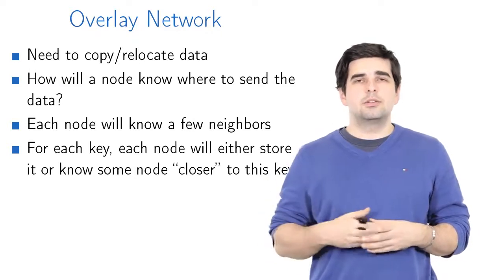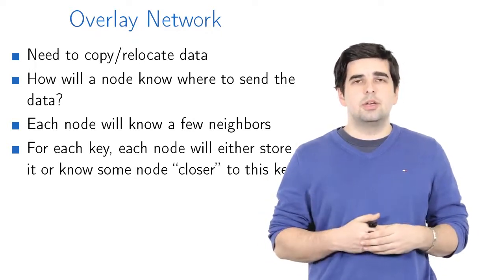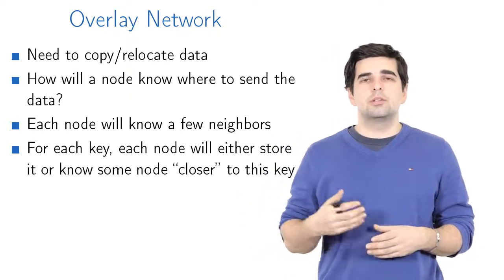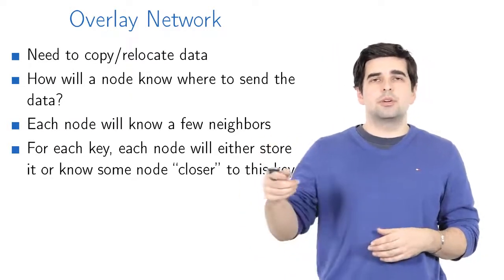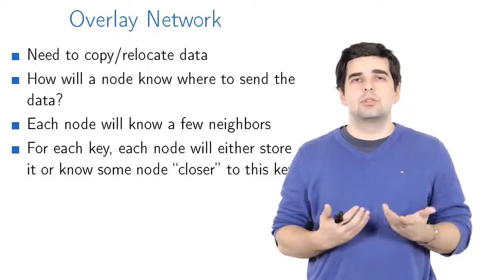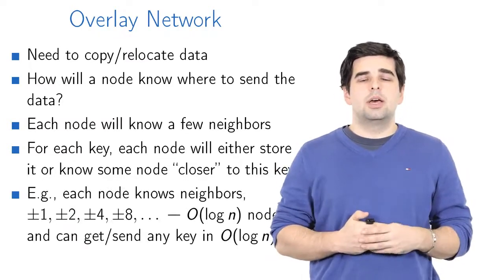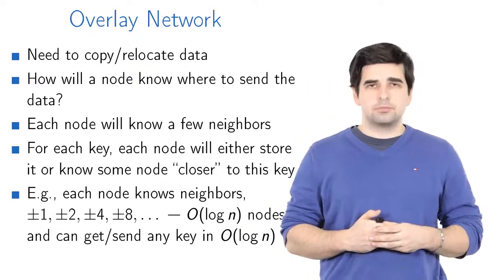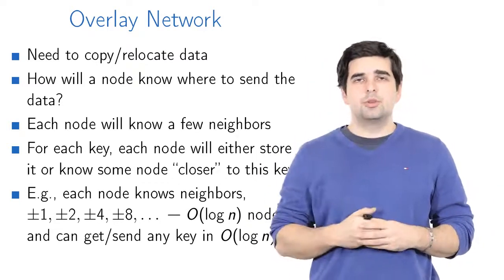And then that node will either store the key or redirect the request to the next node which is even closer to that key. And in a finite number of iterations, the request will come to the node which actually stores the key.